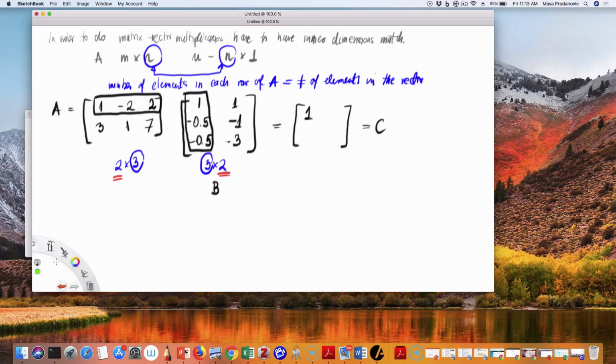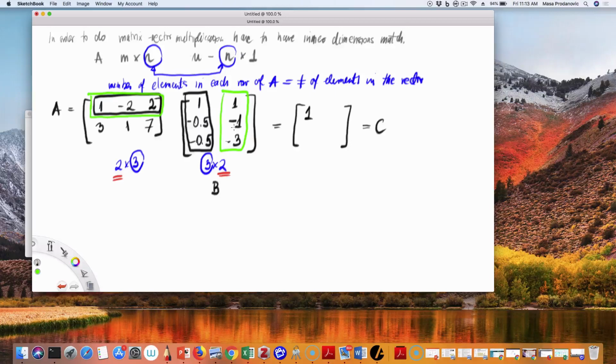So let's now do the element that is in the first row and second column. I'm going to do the same dot product between this row and that column. So that's going to be 1 times 1 plus 2, right?